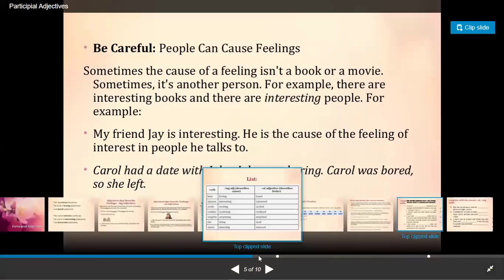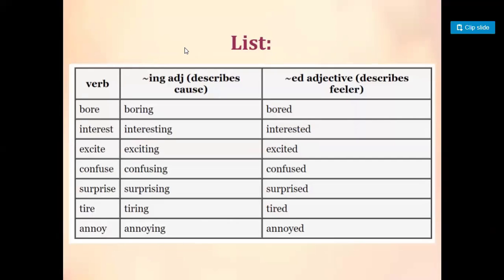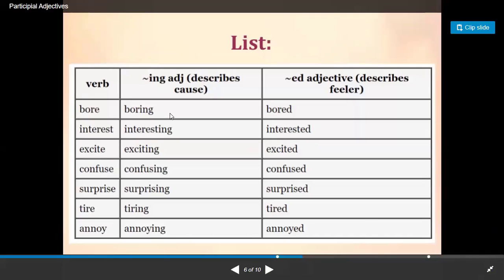So let's go to another slide. Now here there is a verb, and then we have its participle adjectives, with the suffixes ing and ed. The verb is bore, and what's its adjective?